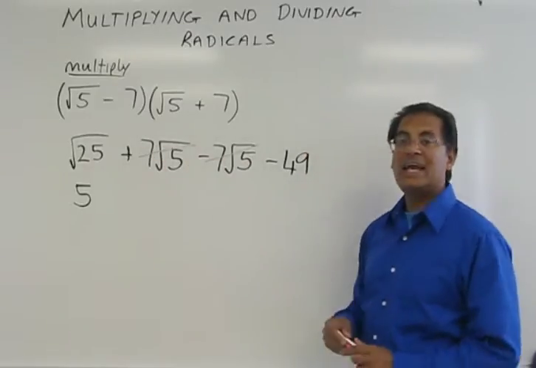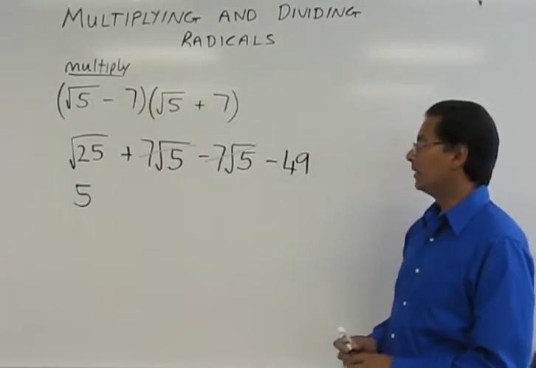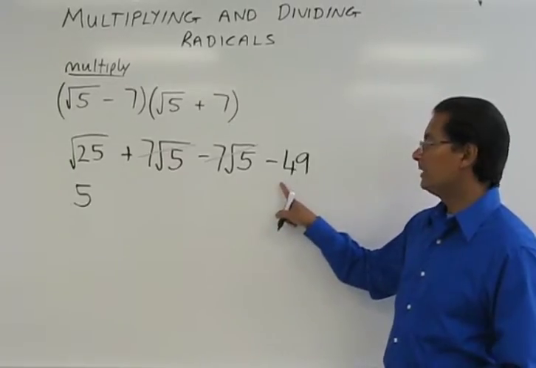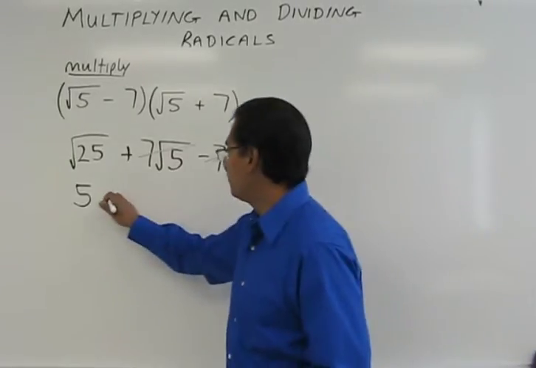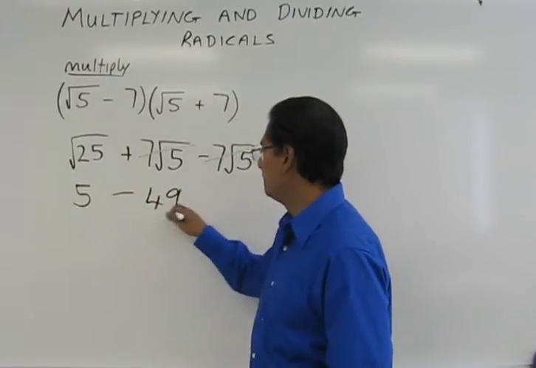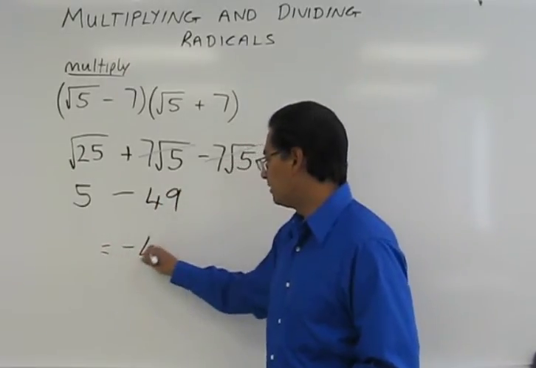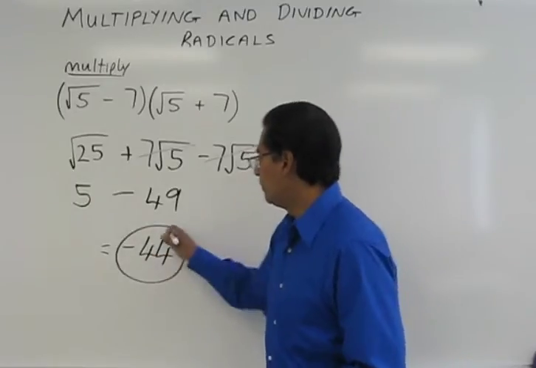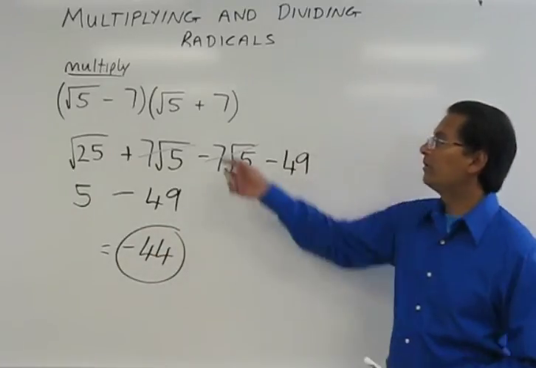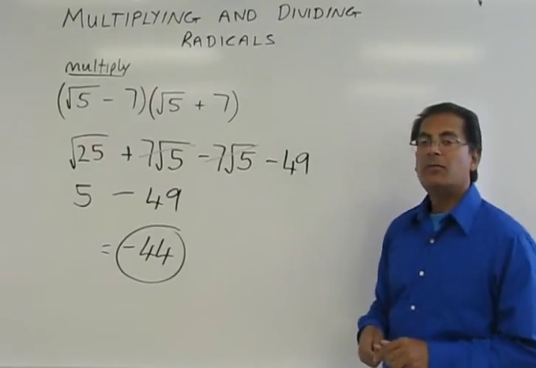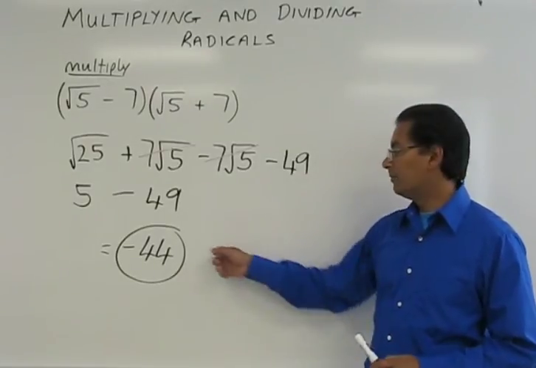Those essentially cancel out. And all we have left here is minus 49. So we have 5 minus 49, and we can do that subtraction. 5 minus 49 is negative 44. So that happens when you have a conjugate pair, a sum and a difference, and you multiply them out. You end up simplifying quite a bit.